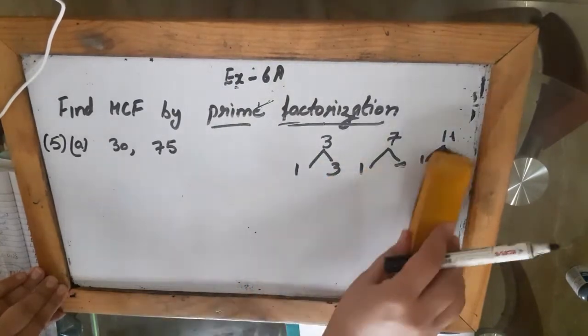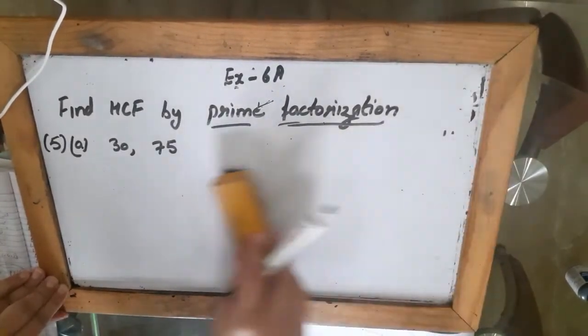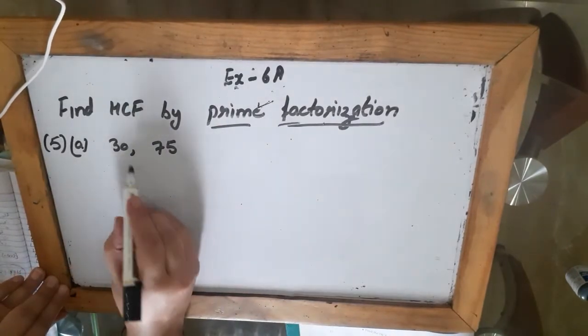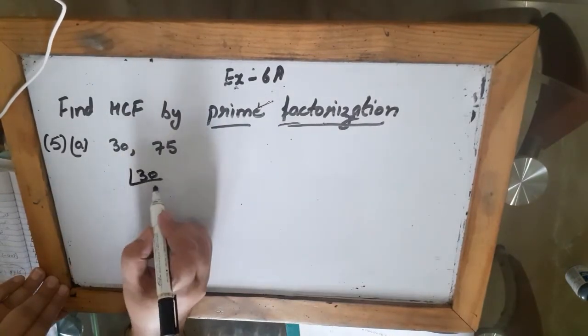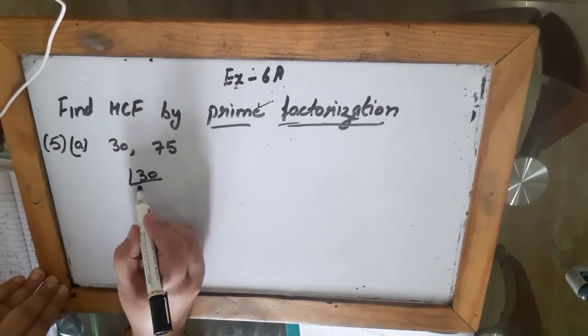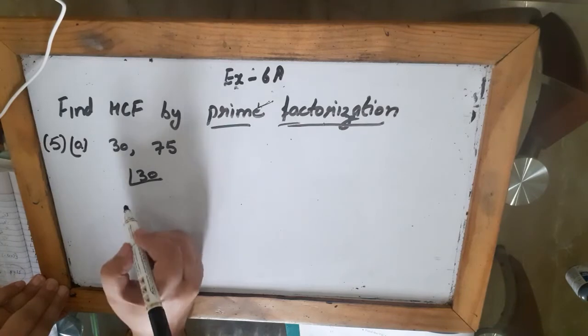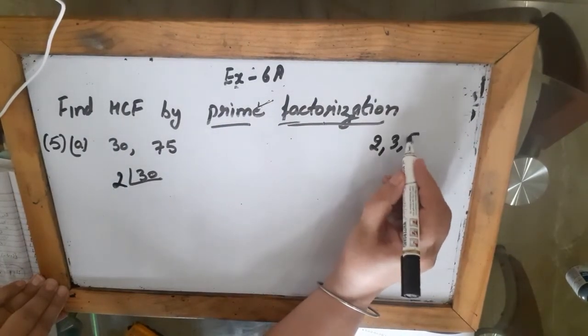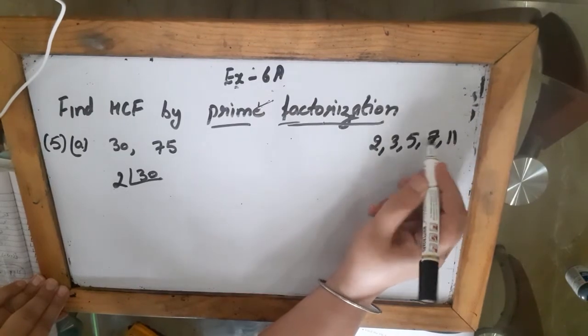Now let me do this, then you will be clear with it. Like I have to find the prime factors of 30. I have to divide these numbers with prime numbers only. I'll start with 2, the prime numbers I told you: 2, 3, 5, 7, 11, like this.